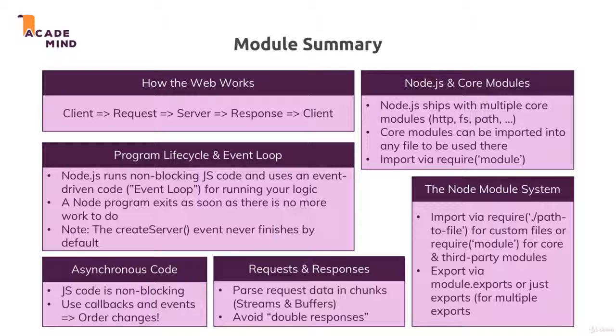And it basically pulls in whatever we export there and stores it in a new variable or constant, as we did in this module. And export is an important keyword here. We do export with the help of module.exports, or for multiple exports with the export shortcut I showed you in the last lectures. So this is what we learned in this module.